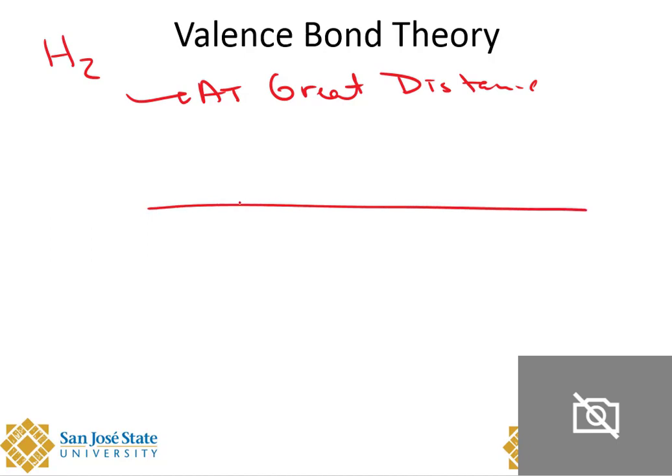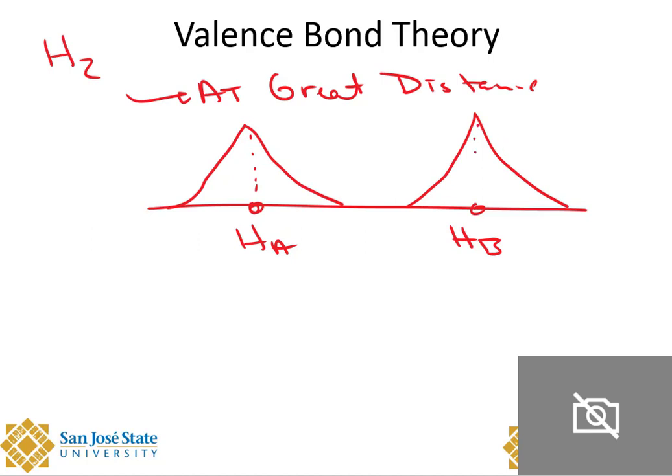Graphically, what we can go ahead and do is draw hydrogen A, hydrogen B, their wave functions at a distance where there is no overlap, and construct those wave functions for hydrogen A, hydrogen B for each one of those 1s orbitals.